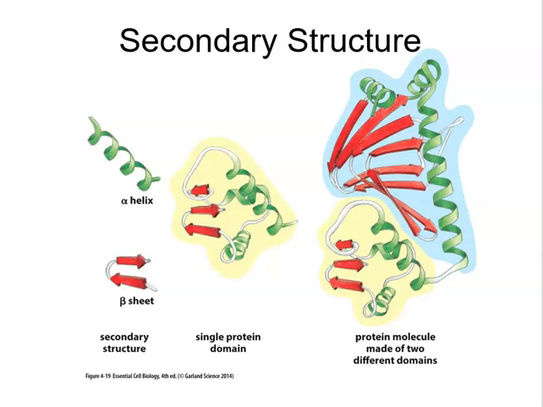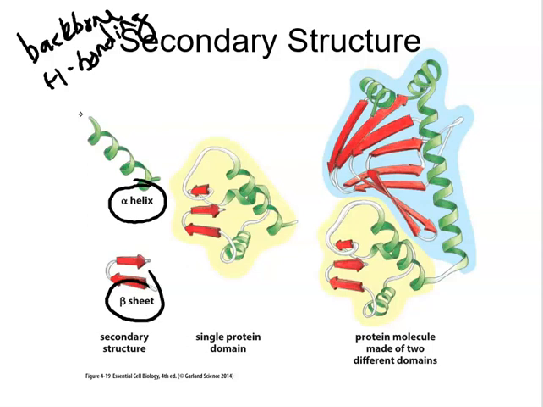The secondary structure is the backbone hydrogen bonding. So the side chains have no influence on alpha helices or beta sheets. It's all the backbone hydrogen bonding. So that's a good way to remember that, and differentiate it from the different types of structures. These result in alpha helices and beta sheets.